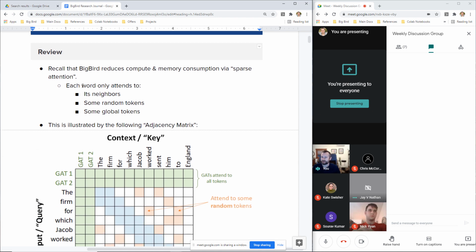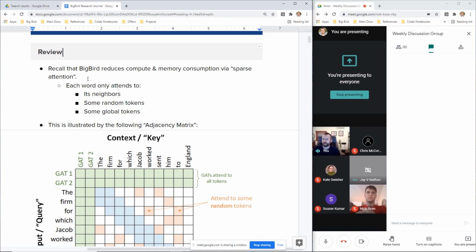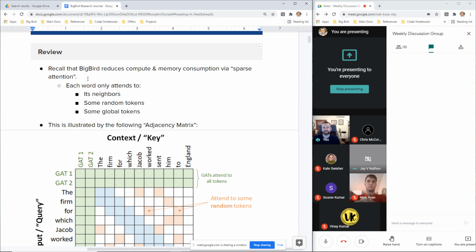To start off, let's get back into the right mindset of what BigBird is all about. BigBird is for applying BERT to longer sequences of text. And the way it does that is by making BERT more memory efficient and computationally efficient so that it's practical to run on longer sequences, with a technique called sparse attention.